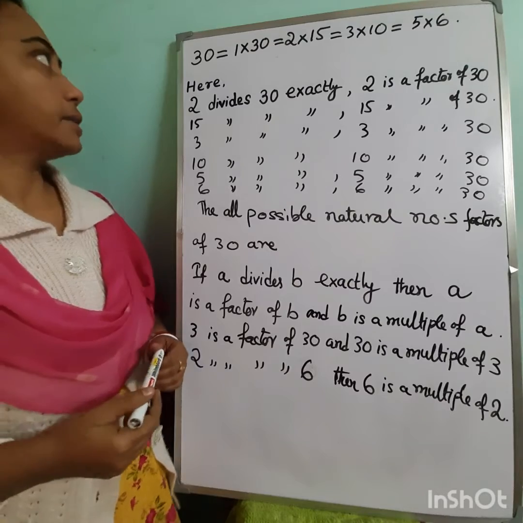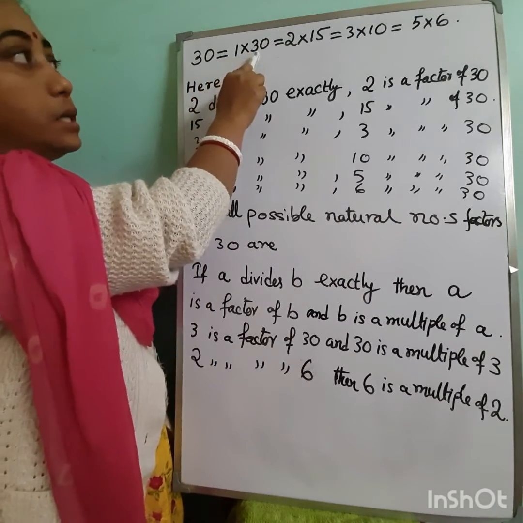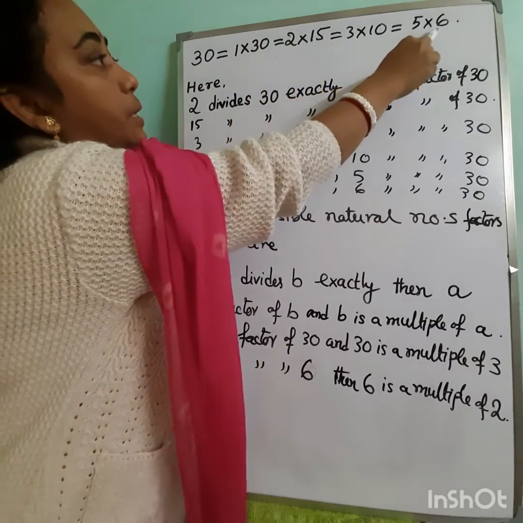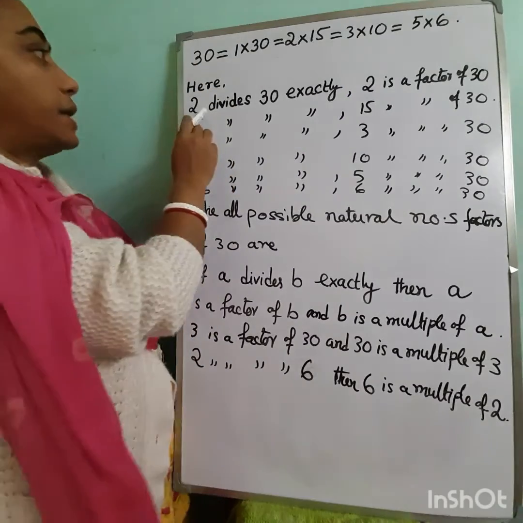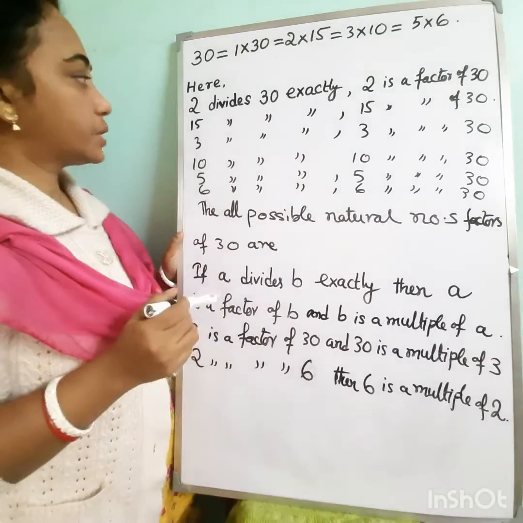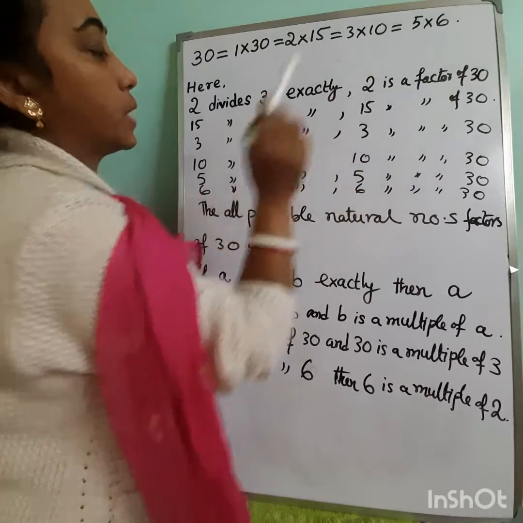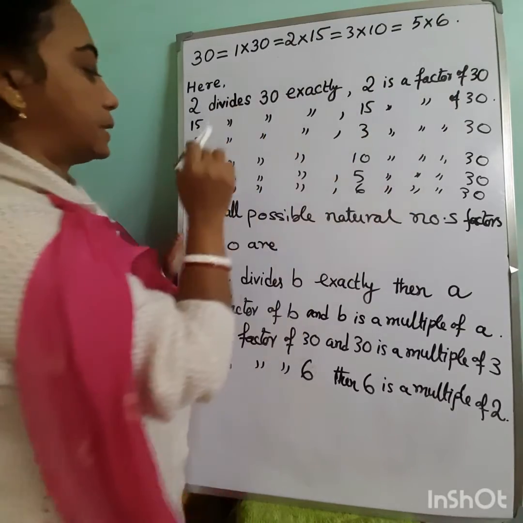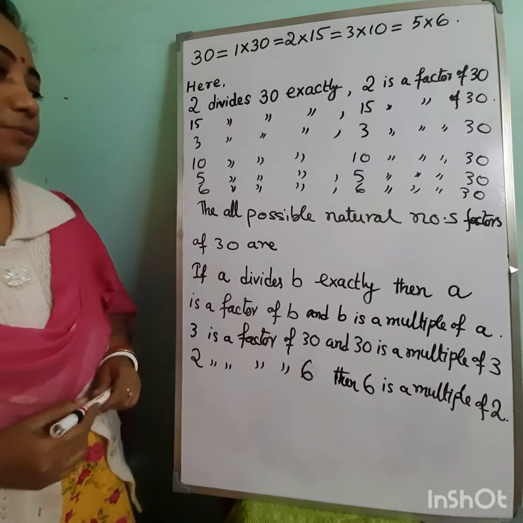Now let's see another example. 30 can be written as 1 multiplied by 30, 2 multiplied by 15, 3 multiplied by 10, 5 multiplied by 6. So here 2 divides 30 exactly, so 2 is a factor of 30. 15 divides 30 exactly, so 15 is a factor of 30. 3 divides 30 exactly, so 3 is a factor of 30. Similarly 10, 5, 6 are all factors of 30.